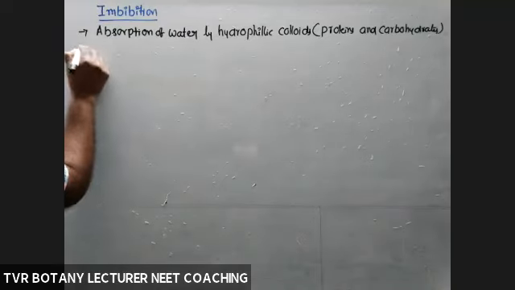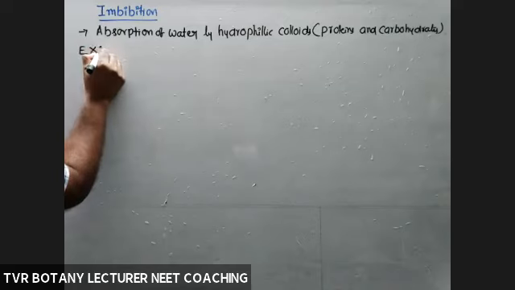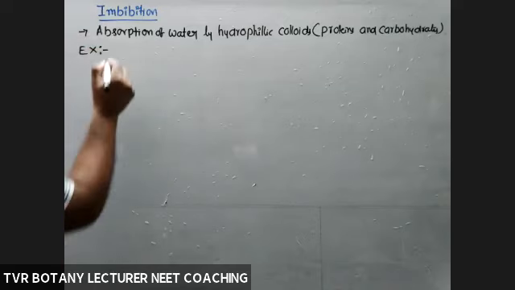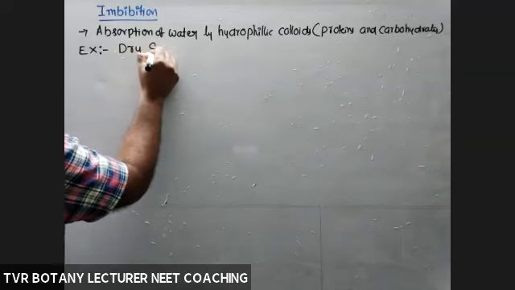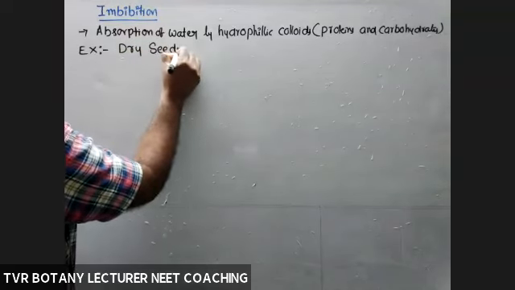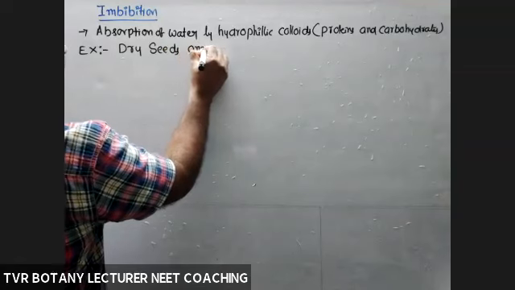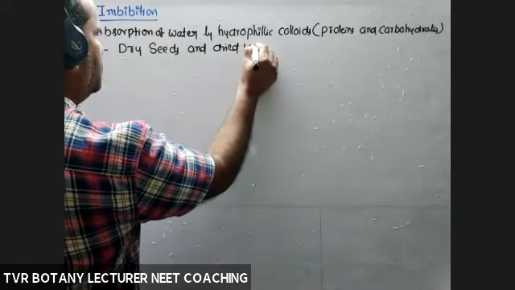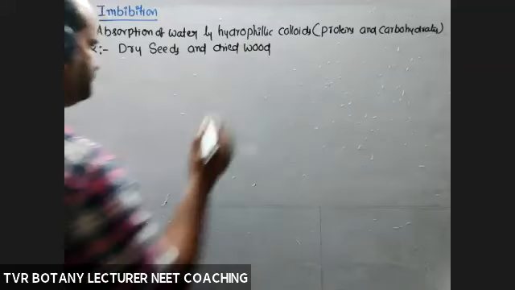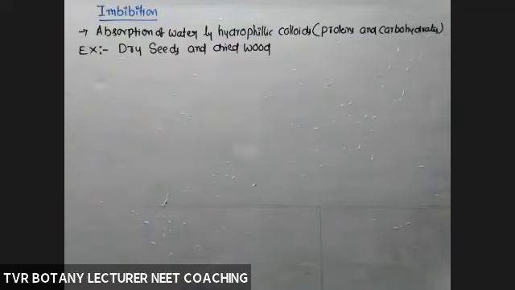In plants, imbibition is best shown by dry plant materials, dry seeds and dried wooden pieces.